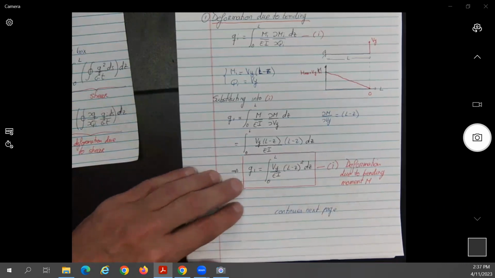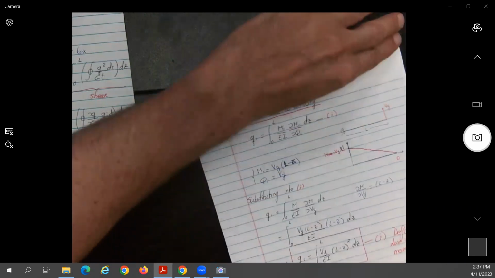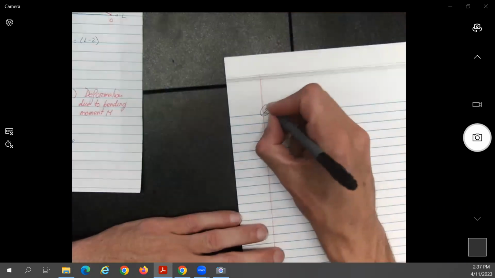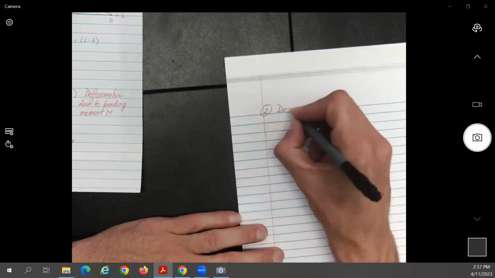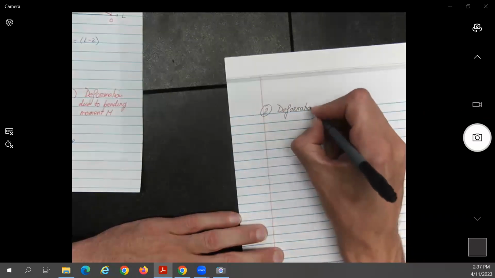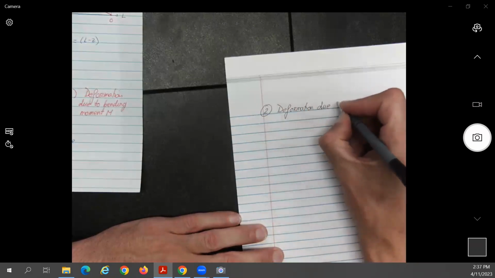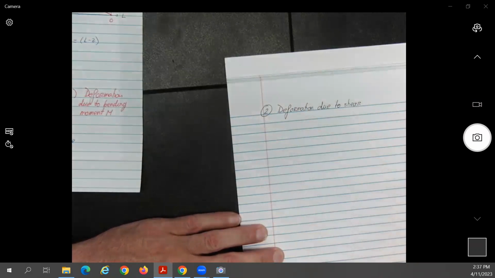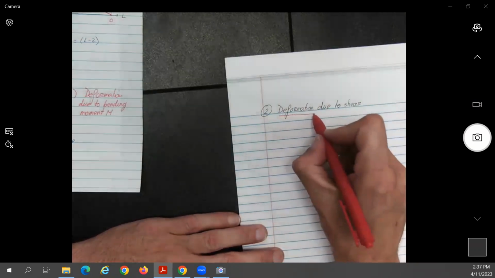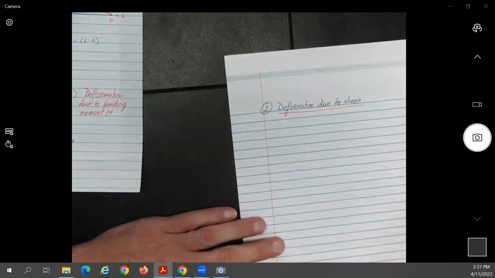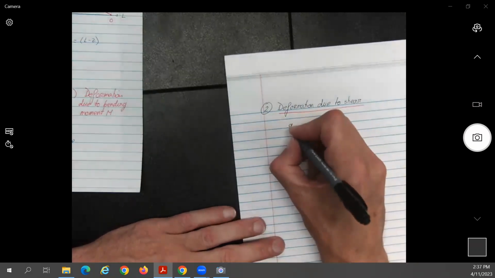All right, so next is what? To find the deformation due to shear. So 2, deformation due to shear. Okay, this one I'm going to call Q_2.